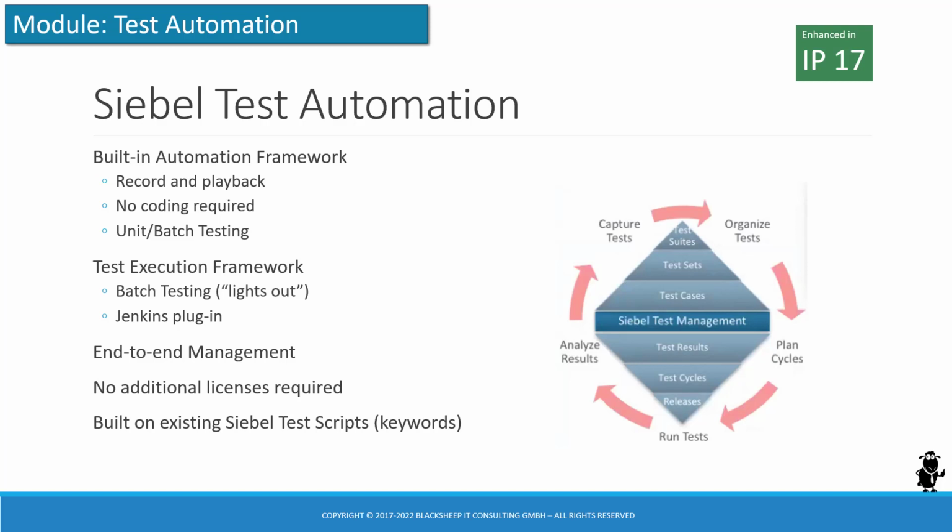Along with end-to-end management and other features, Siebel Test Automation, as we have it in Siebel 22, can help teams test faster and build on the existing Siebel test knowledge they might already have. So if you're interested in test automation, what has happened to test automation, we have you covered with an entire module in the Siebel 22 workshop.